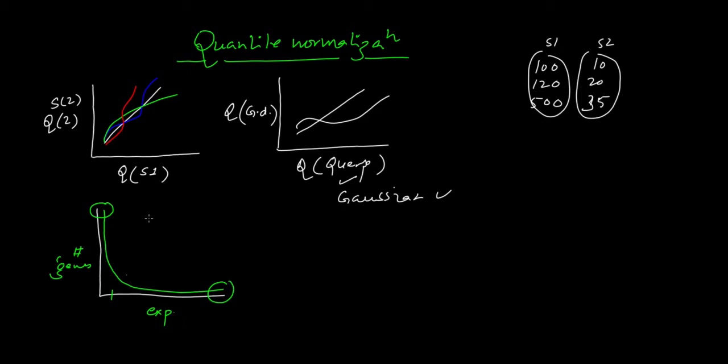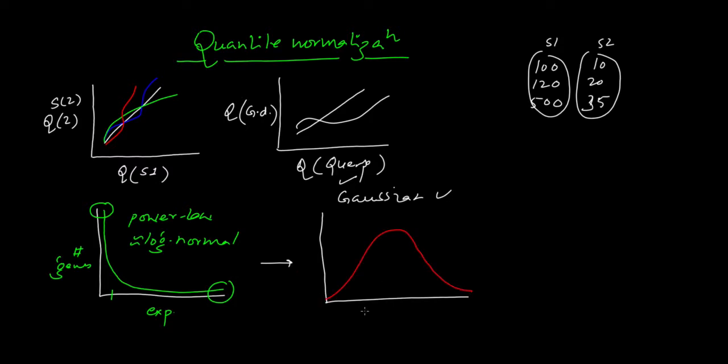This is a power law distribution, may not be a perfect one, or this is log normal. Log normal means they are normal distribution, Gaussian at the log scale. So if you convert this into a log scale, the same data would look like a normal distribution on the log scale. That's why this is called log normal.